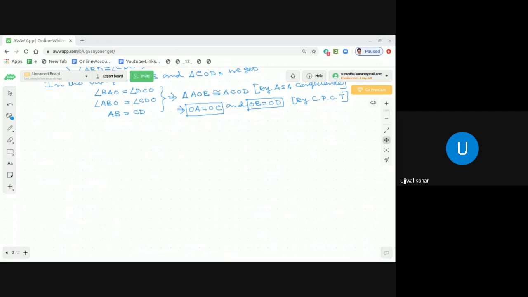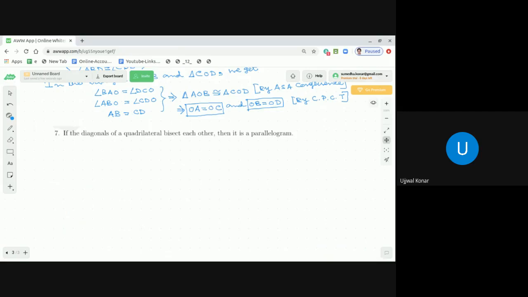Okay, dear students. So let me first place the statement and then let me prove it. The property statement here is that if the diagonals of a quadrilateral bisect each other, then the quadrilateral is a parallelogram.